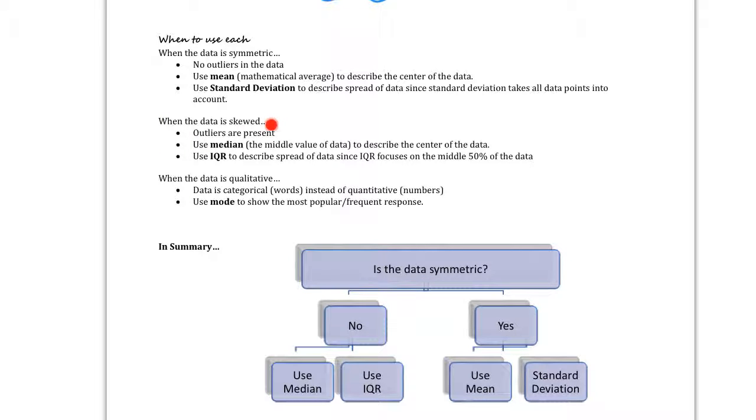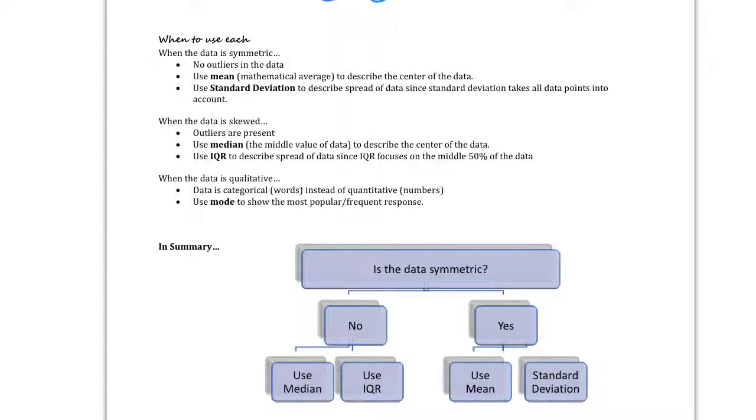If there are outliers, that means the data is skewed, either skewed right or skewed left. So in that case, the mean and the standard deviation are going to be affected by those outliers. So instead, we use the median and the IQR because the outliers don't impact those. But today, we're really going to be focused on just deciding, is the data symmetric or skewed? Okay.